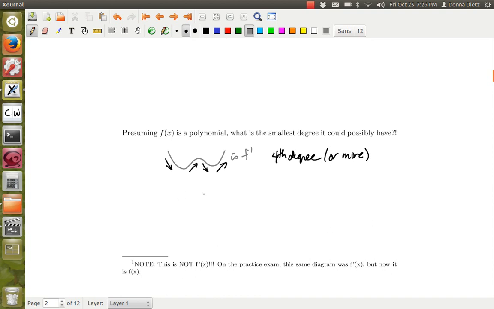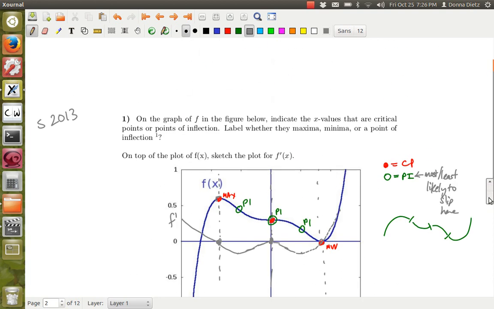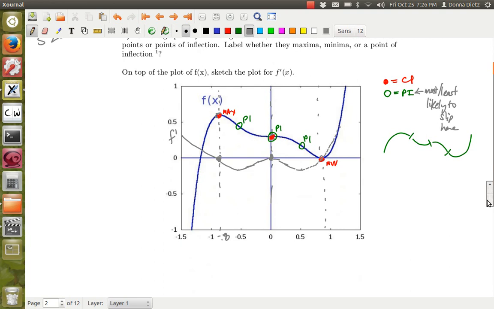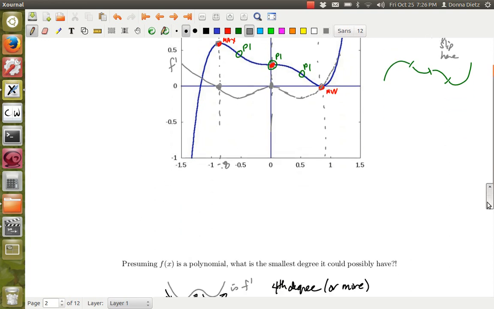But if f prime is degree 4, then f must have degree 5 or more. Okay? And so you can look at the original function and figure that out, but it's much easier to just figure out that the derivative has degree 4 or more.